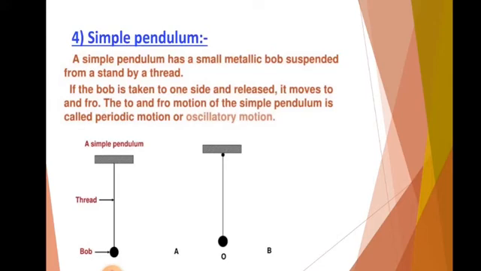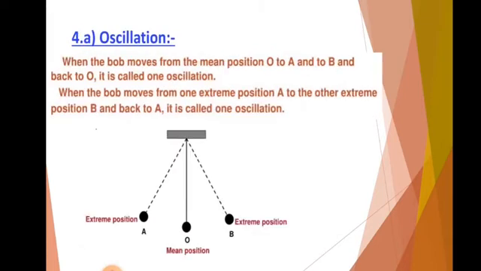So because it is repeating this pattern, we will call this periodic or oscillatory motion, because there are oscillations happening here. We can even count these oscillations. So when the bob moves from its mean position O, mean position is essentially its original position. So here O is the mean position.